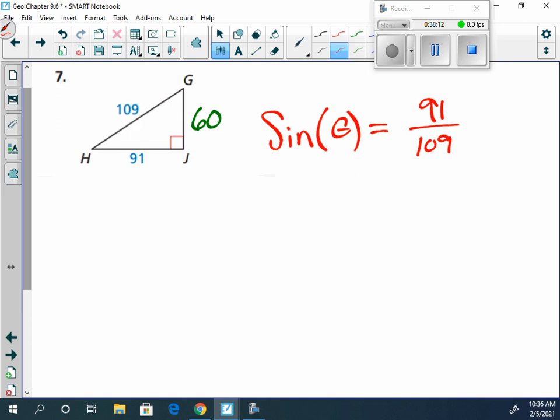Now to undo sine, we have to take sine inverse of our sine of angle G, and we have to do it to the other side.